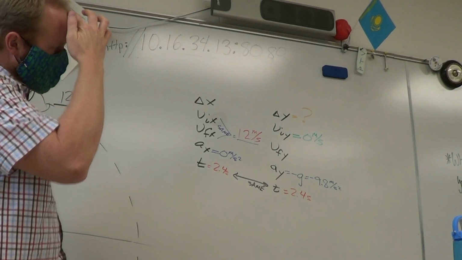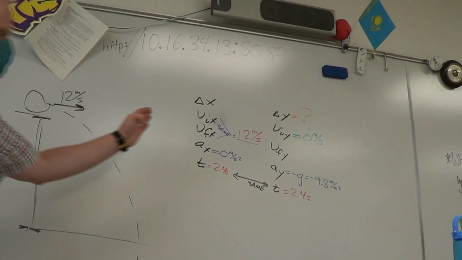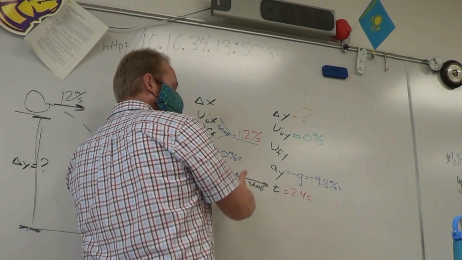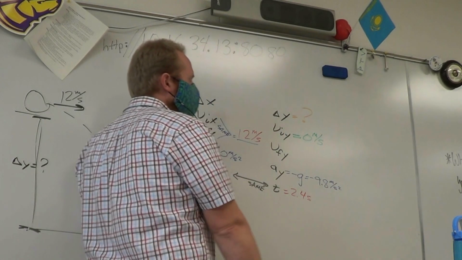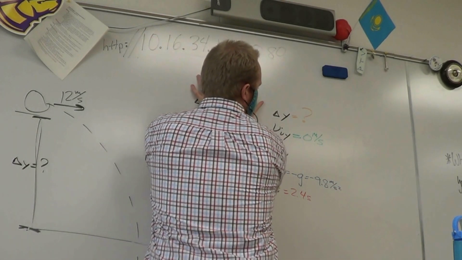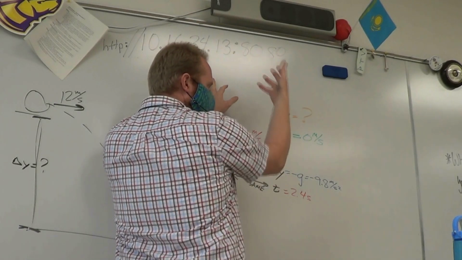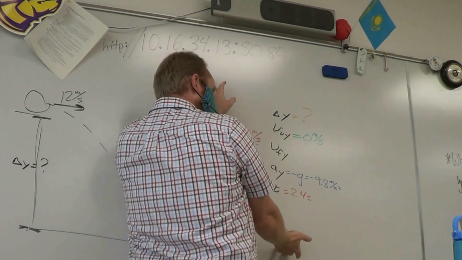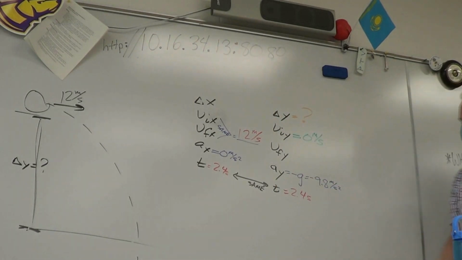Okay? Now, is this question mark in the x column or the y column? So when we choose our equation, we only look at the y column stuff. I only put stuff from the y column in my equation when I try to find something in the y column. Same thing would be true in the x column, but for right now I'm looking in the y column.